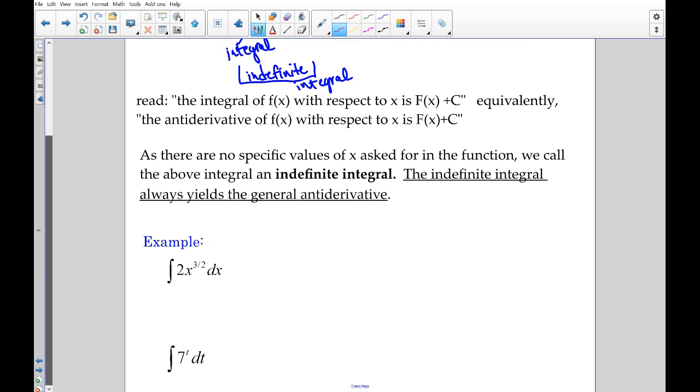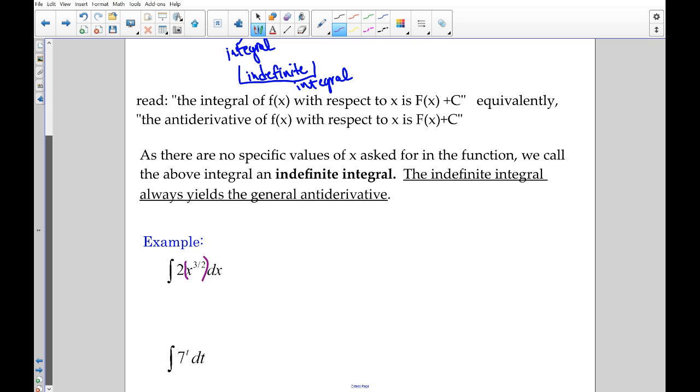Just some quick examples here. We have the integral of 2x to the power of 3 halves, and just to clarify, only the x is to the power of 3 halves, not the 2. Otherwise, the parentheses would be different.